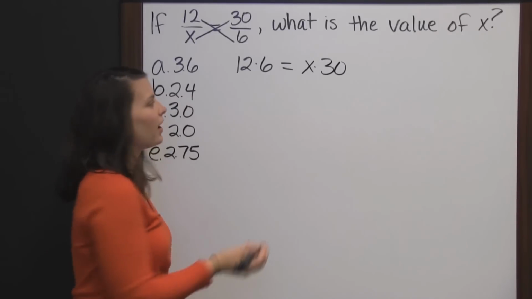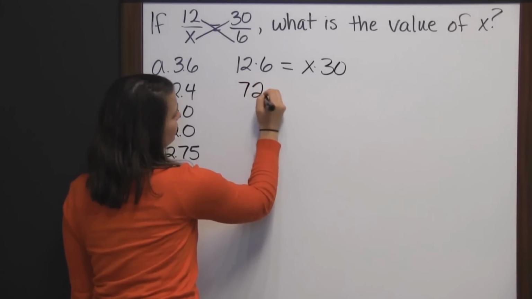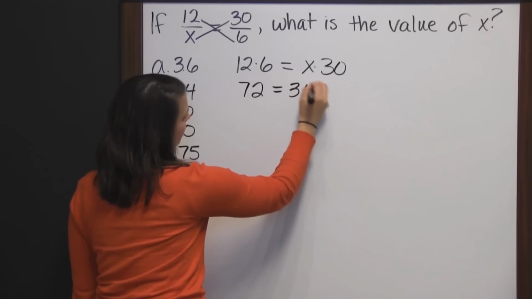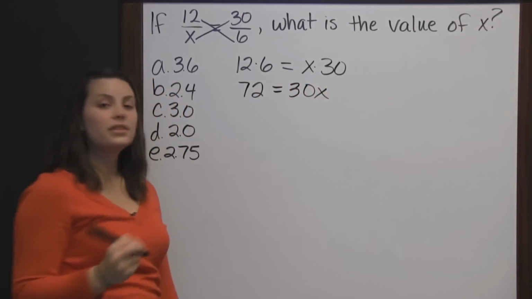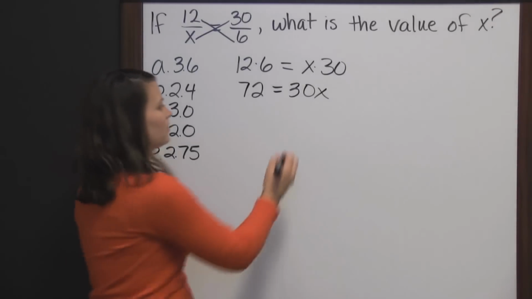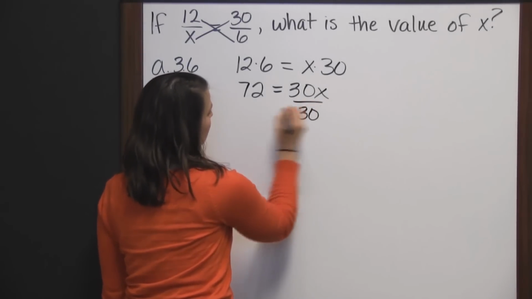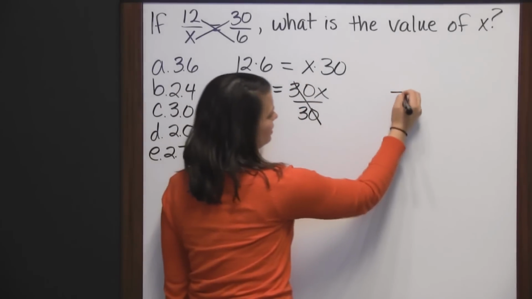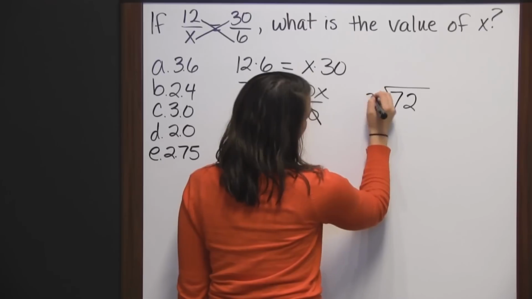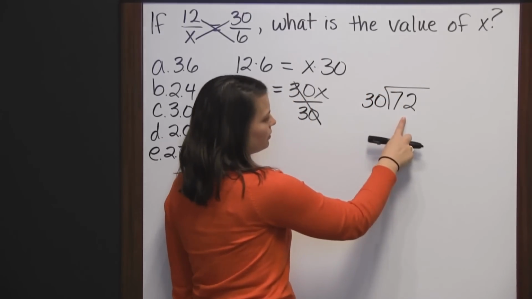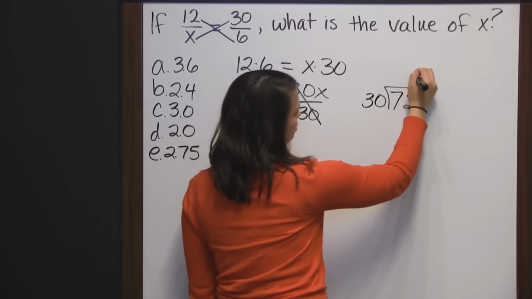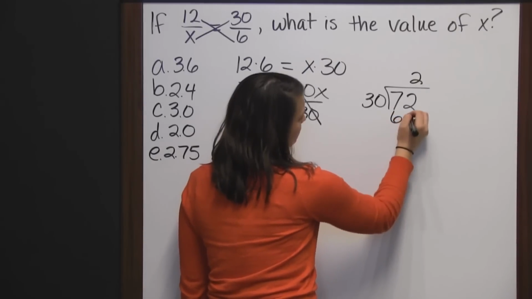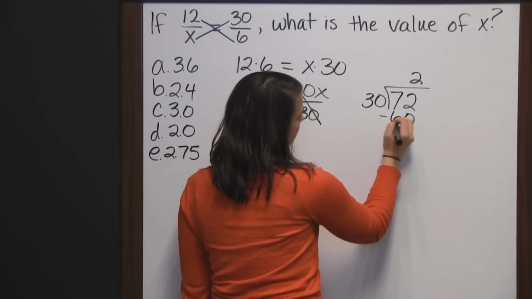which we could simplify to say 72 is equal to 30x. And then we can solve for x by dividing both sides by 30. So 72 divided by 30. 30 goes into 72 2 times, which gives us 60.